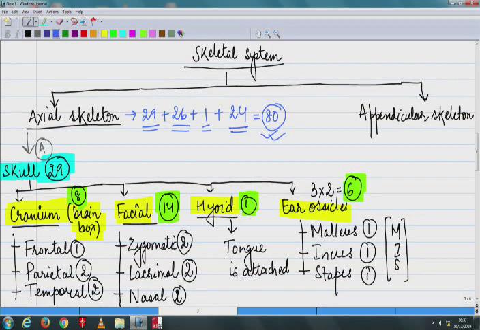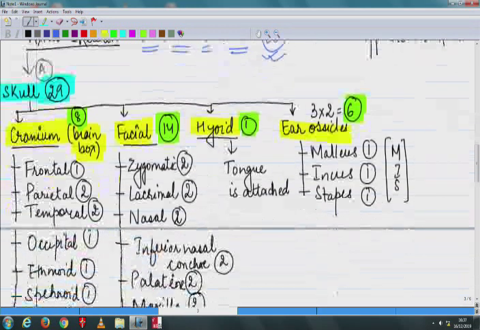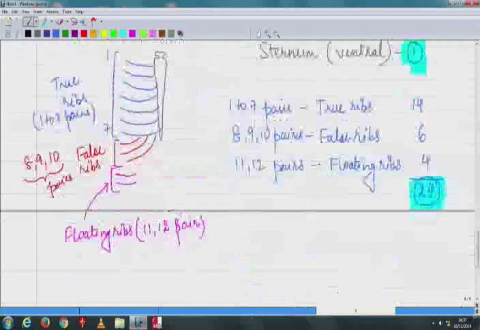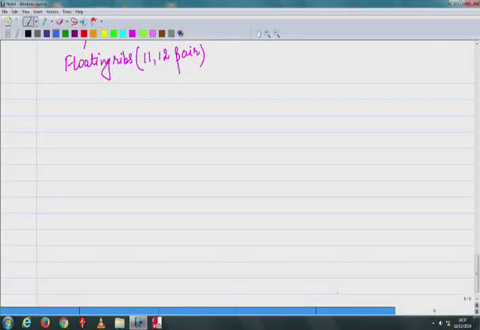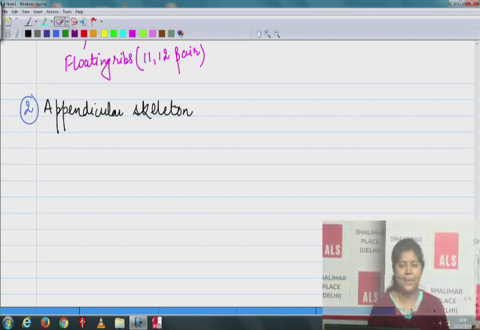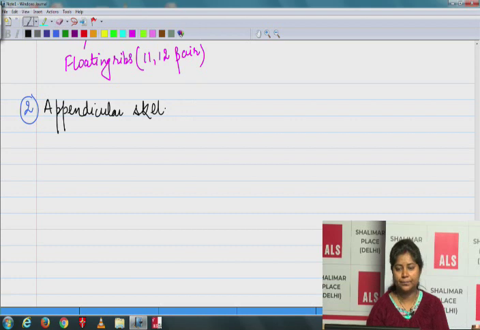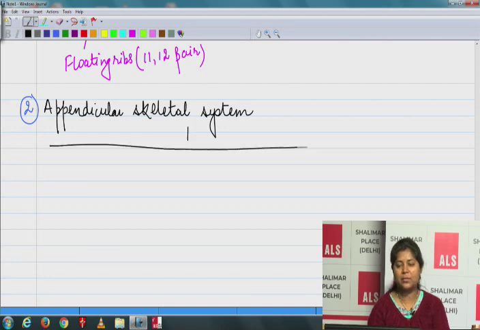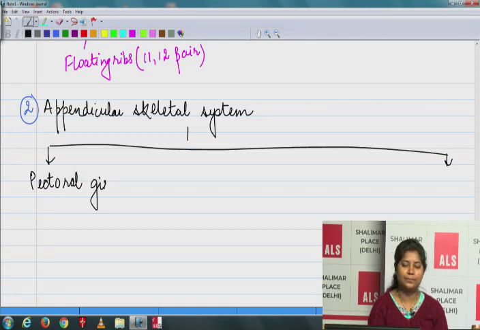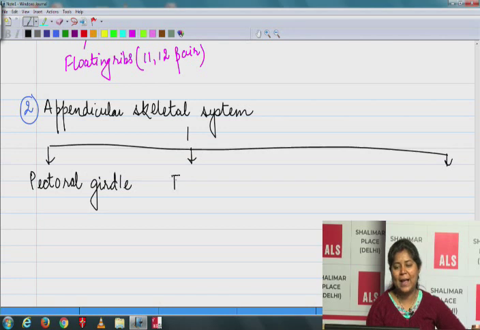Let's start up with the next part. Appendicular will be my next target. We'll see the appendicular skeletal system arrangement and everything. The second part would be your appendicular skeleton. It has the shoulder part: first is the pectoral girdle, to which the forelimbs are attached.